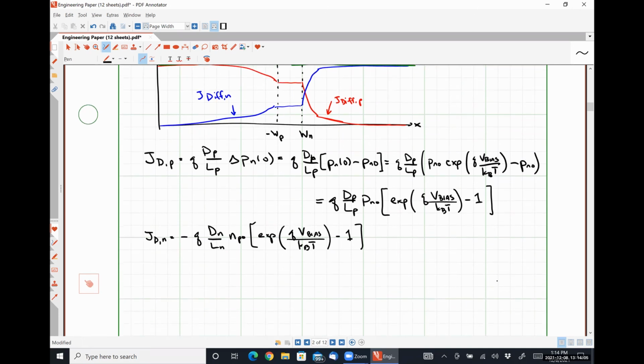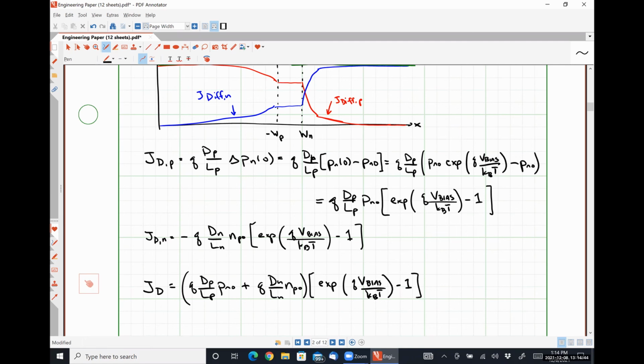And we add these guys together, we have Q dP over LP Pn naught plus Q dN over ln and P naught times the exp of Q V bias over kBT minus 1.